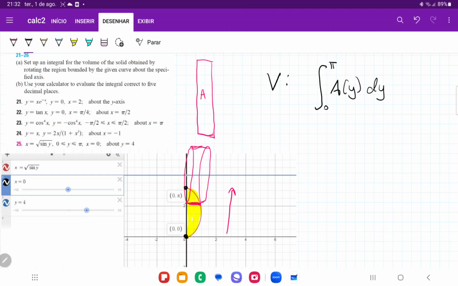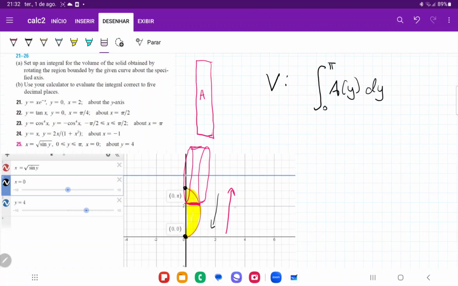Once we have this, we have to express the area of that sheet in terms of y, because it definitely does change as a function of y. The lower that I go, the bigger my cylinder is going to become. So let's think about how to express this in terms of y. The first part is this base here. This base that gets revolved is equivalent to this base over here.